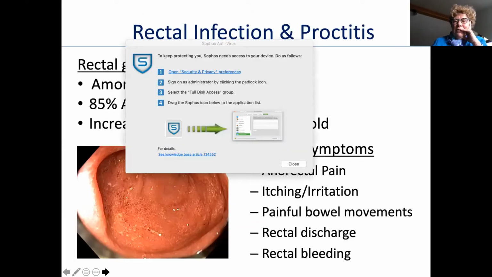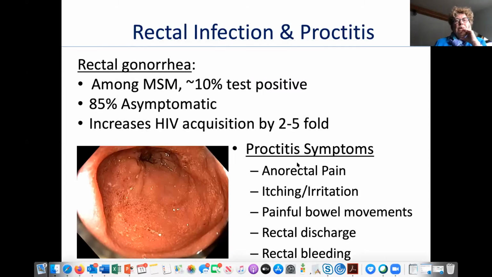Rectal infection, I wanted to remind people that about 10% of MSM will test positive, usually not symptomatic, 85% are not symptomatic, and prospective studies have shown that it increases HIV acquisition by about 2 to 5-fold.